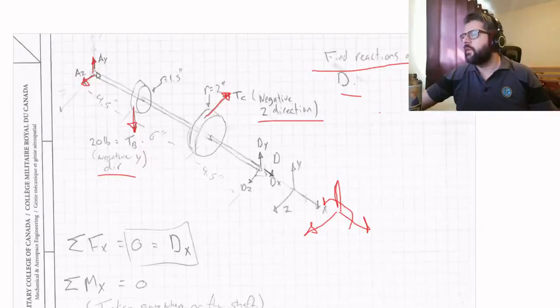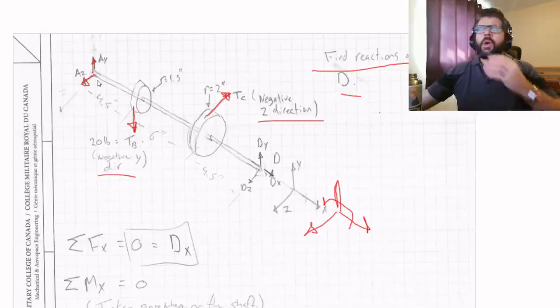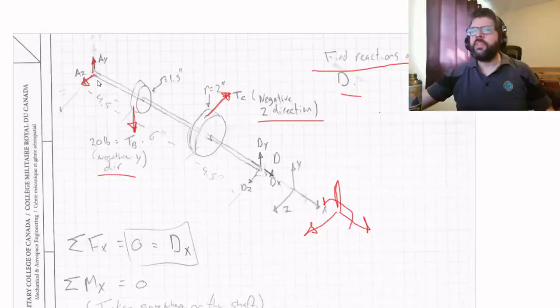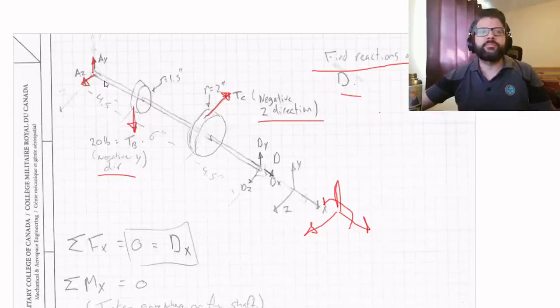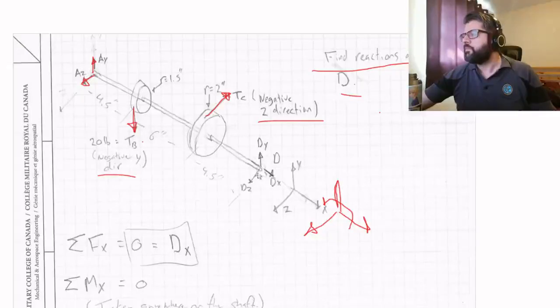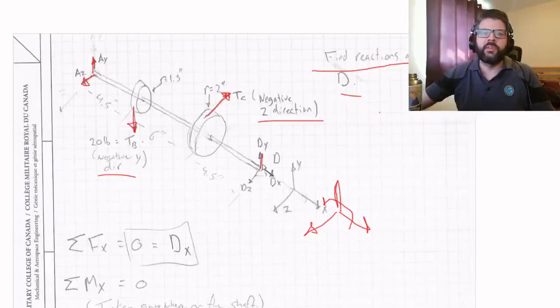So the problem stated that we're assuming that the bearing A doesn't have any axial reaction. So that would mean that the bearing D still does, and it of course is going to resist movement in the Y direction and the Z direction as well.